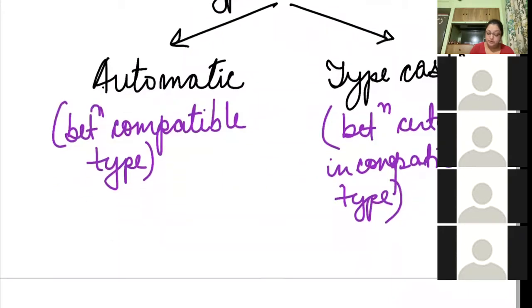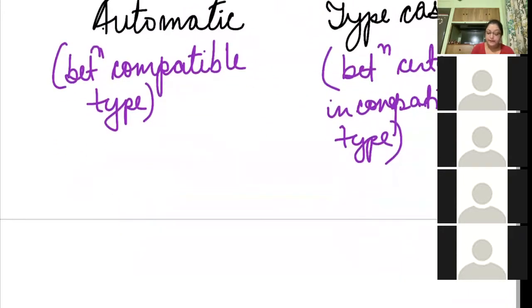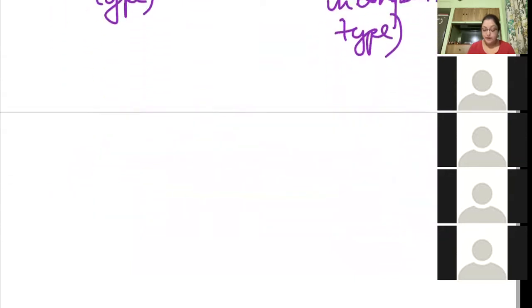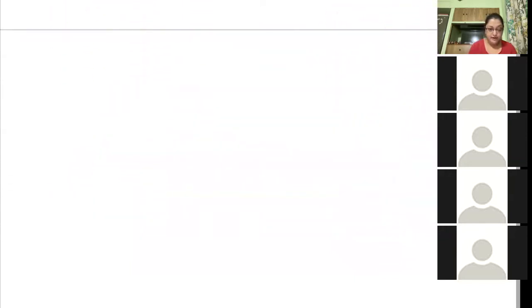Here, first you have to understand the meaning of compatible and incompatible. The data types that you have in Java are usually your numeric types. What are the numeric data types?